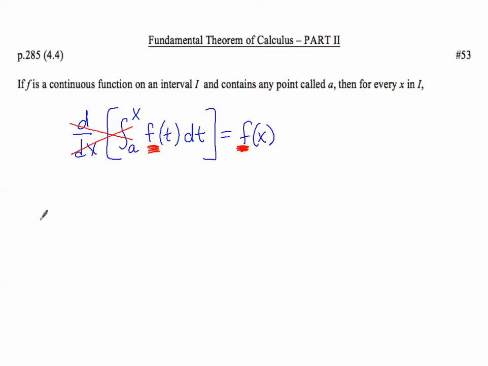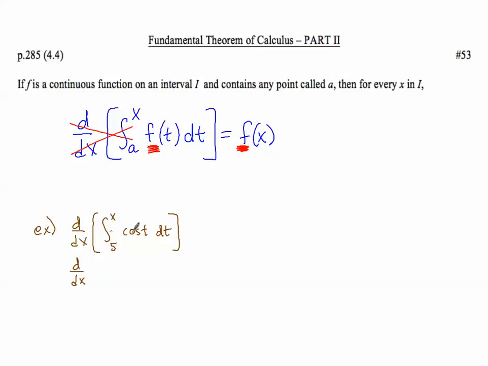Imagine that we did, for example, the derivative with respect to x of the integral from 5 to x of the function cosine of t dt. So we're doing the derivative of this integral. Let's imagine that we want to do this the long way. First, we work from the inside.